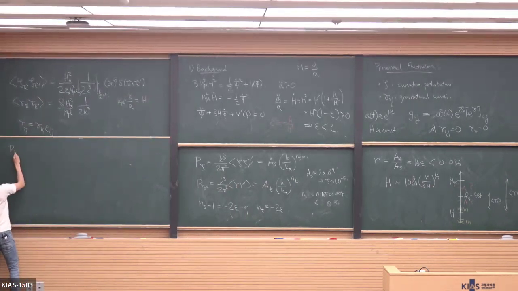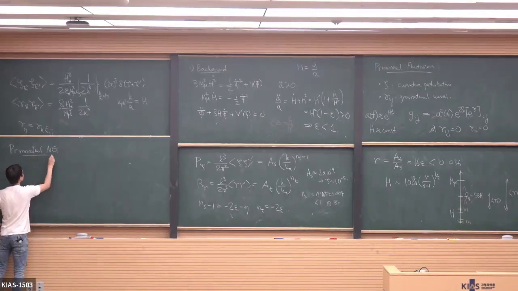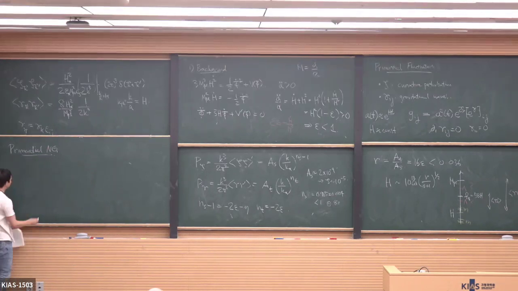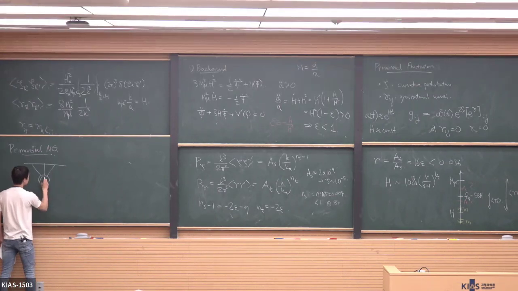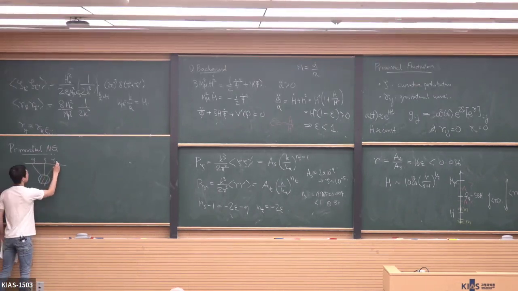These are something called primordial non-Gaussianity. So we can imagine some physical process that generates some higher point correlation between these zetas beyond the two-point function.